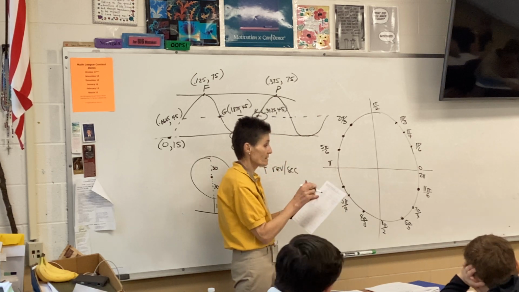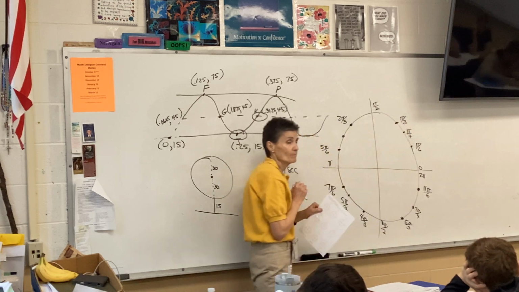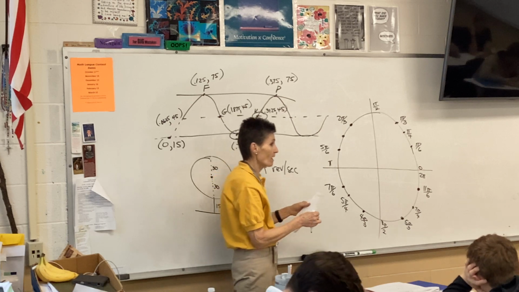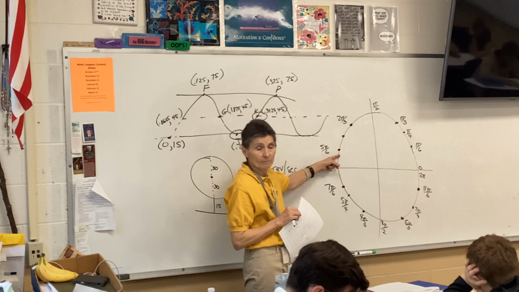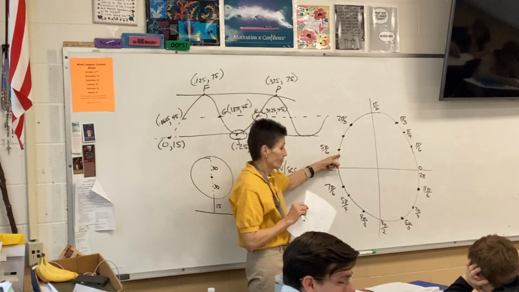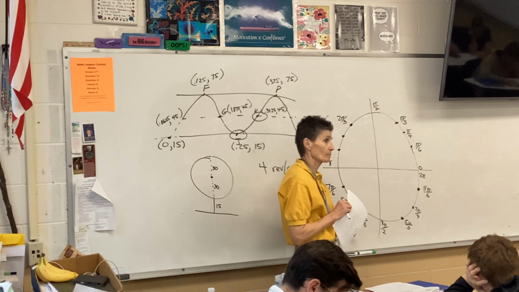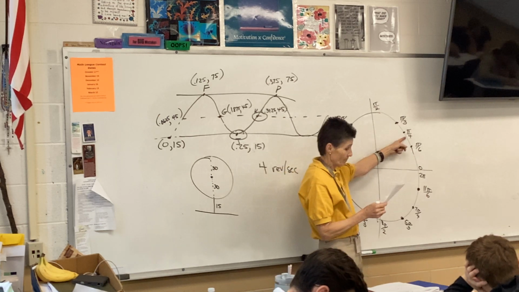The first one says mark pi over 3. I'll mark it right there. That's pi over 3. The next one says 5 pi over 6. Well, that's right here. 4 pi over 3. Pi over 4.